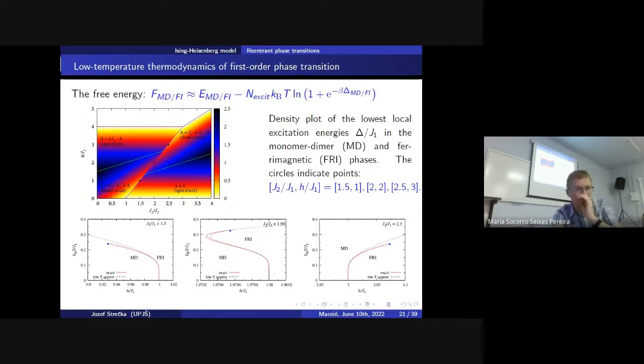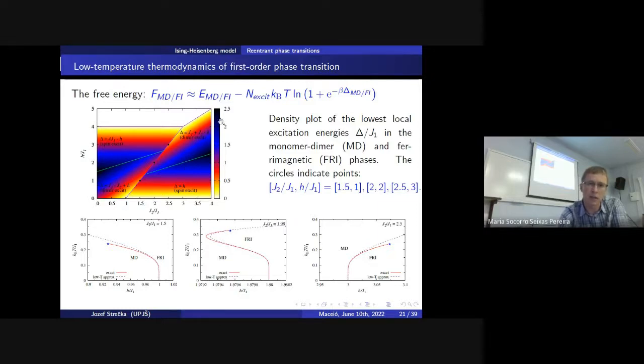To understand where the reentrance comes from, one can easily elaborate the free energy for both states. We have the eigenstate, and we can take the lowest energy excitation, and this is a density plot of this lowest energy excitation above.